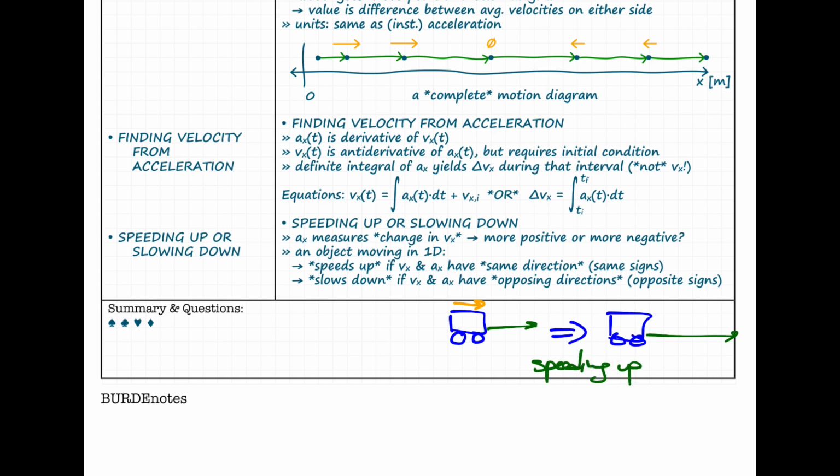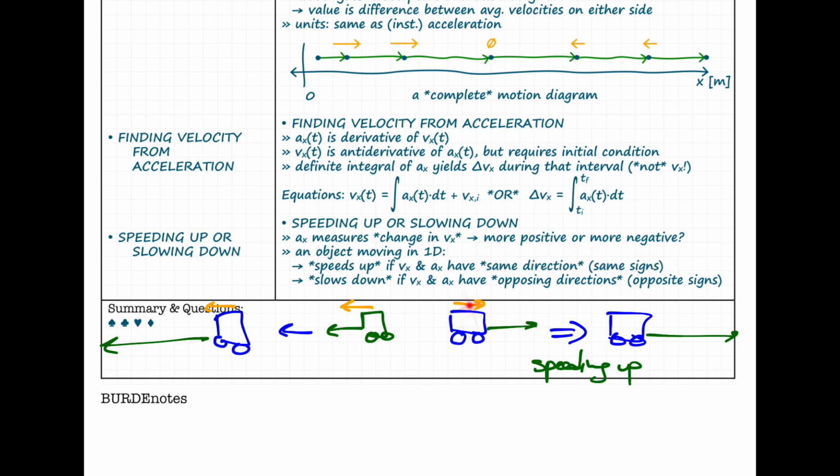We could make the same argument if we were moving to the left, and we had a negative velocity because we're moving to the left, and a negative acceleration. That would give us an even greater leftward velocity. So what we're seeing there is that we're speeding up not when the acceleration is positive or negative, but when the velocity and the acceleration have the same direction, which for now means the same signs.